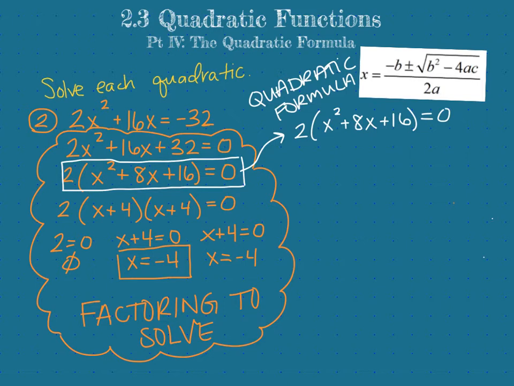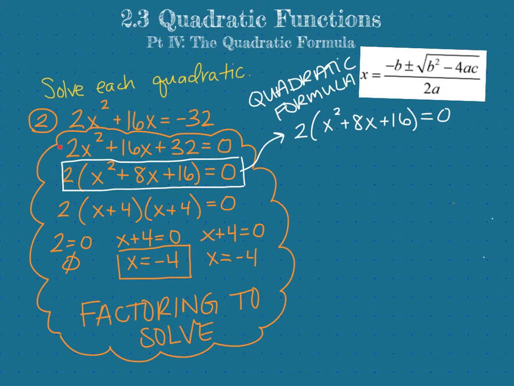Now, I did this problem specifically with a GCF out front because if we went here, you would see that our A, B, and C values would be 2, 16, and 32. Those are large values. If we factor this 2 out, like we did, this is the quadratic we would use, and so our a is 1, our b is only 8, and our c is 16. Much easier doing it algebraically.